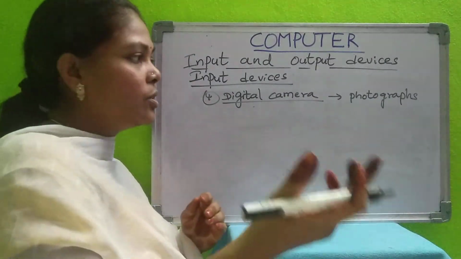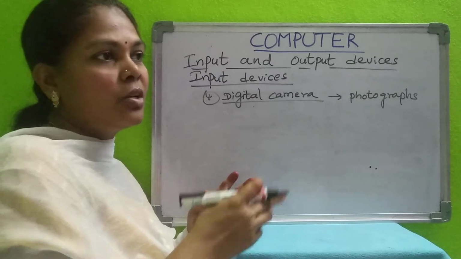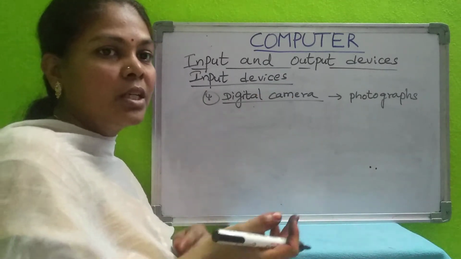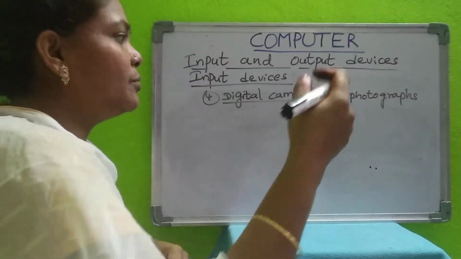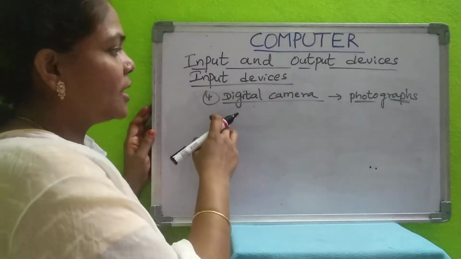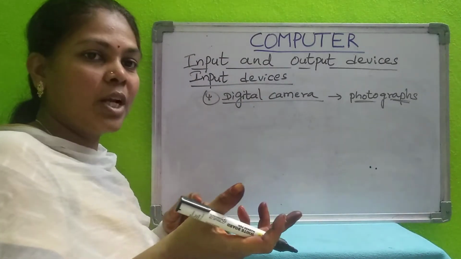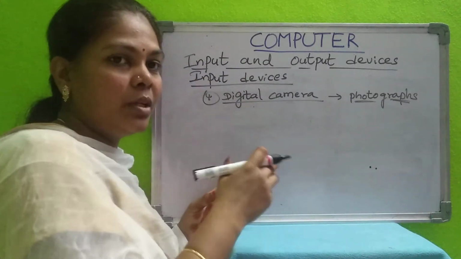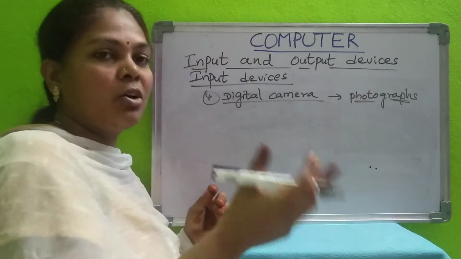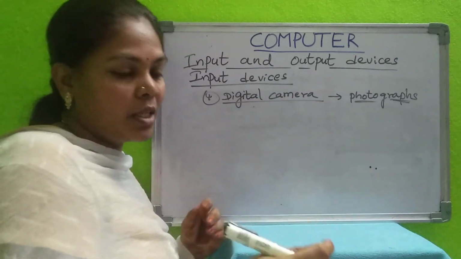You can send those, make photo albums, watch those on the computer, or save those into the system. So here, what is the input? Input data is photograph. Using the digital camera, first you take the photographs, and by connecting the cable from camera to computer, we copy those photographs into the computer.